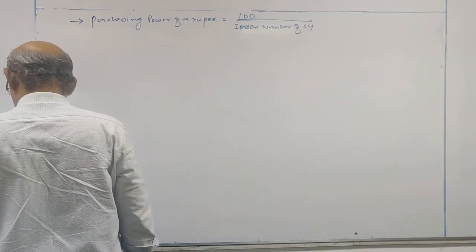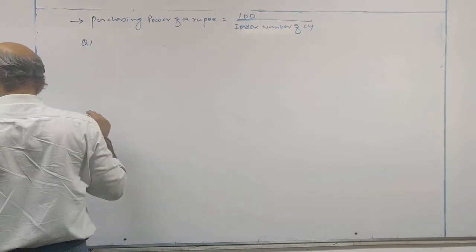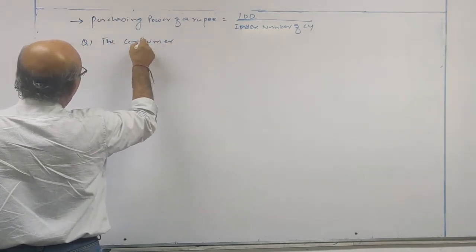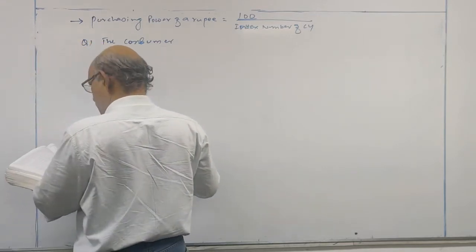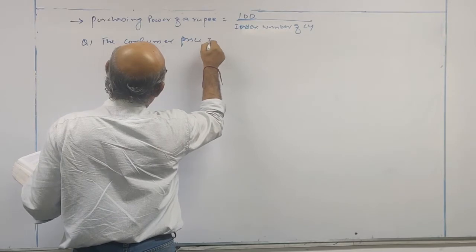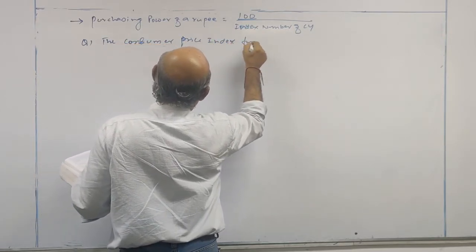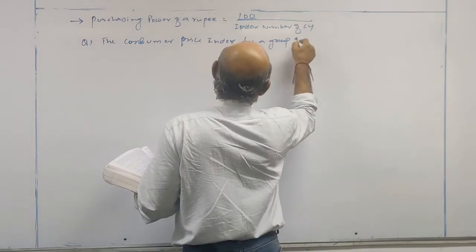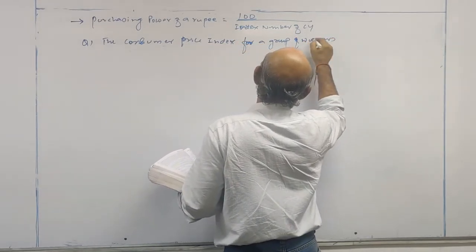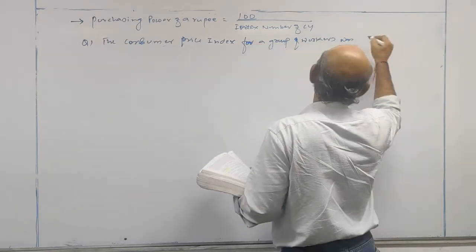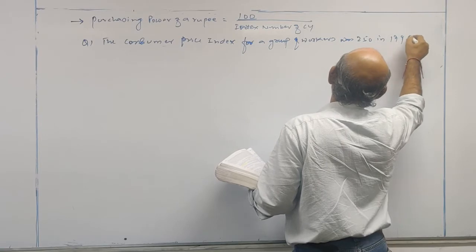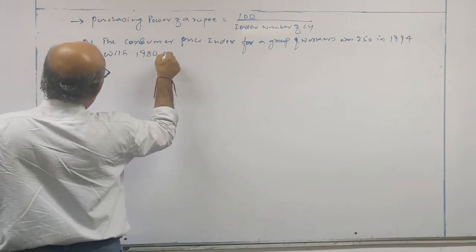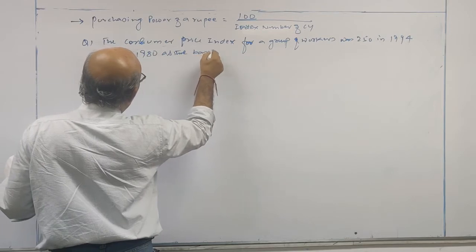Look at the question, sir. The consumer price index for a group of workers was 250 in 1994, with 1980 as the base year.